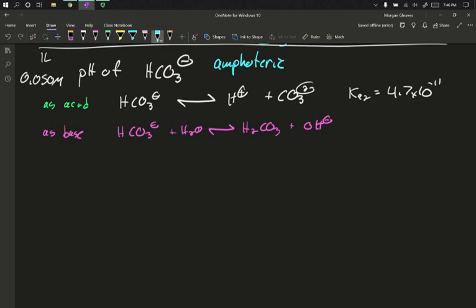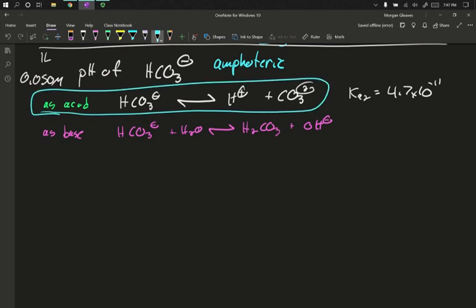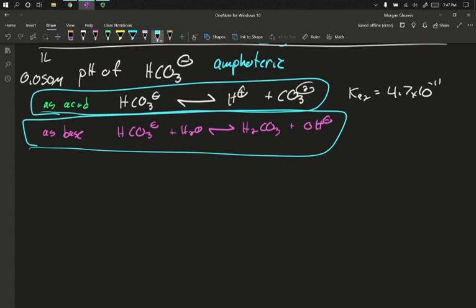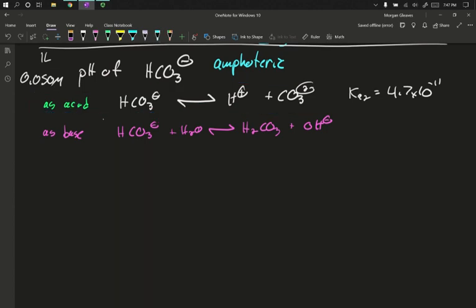As a result, really two things are going on. We've got one thought process where it's reacting as an acid, and one where it's reacting as a base. Now in this case, it's not just doing the full reverse. It's not H2CO3, H plus, and bicarbonate, because there's no H plus around at the moment.